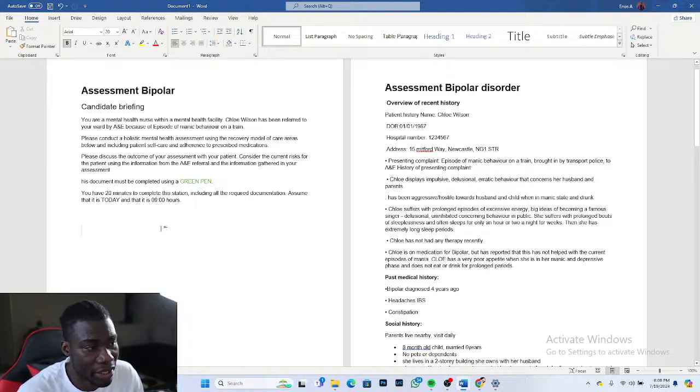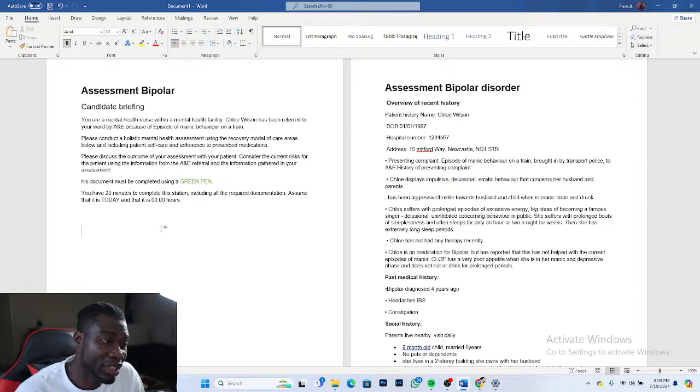If it is admission-based, it could be that the patient is already on admission and you are going to do the assessment. When the patient is on admission, it doesn't necessarily mean that the patient is on a mental health ward. It could be in A&E, in a medical ward, wherever the patient is, and then you are sent to do the assessment. The aim is to assess whether this particular patient needs to be in a mental health ward for treatment to commence or not.